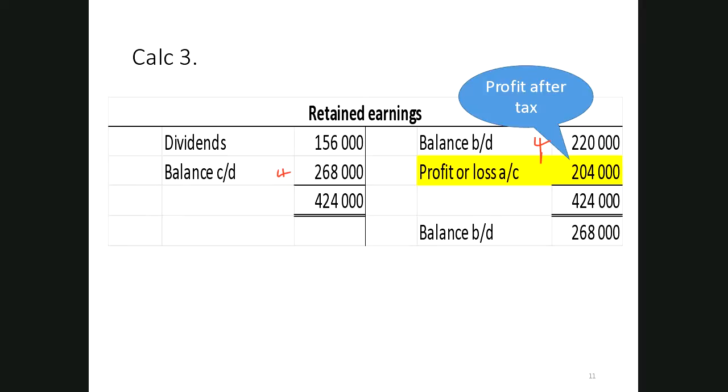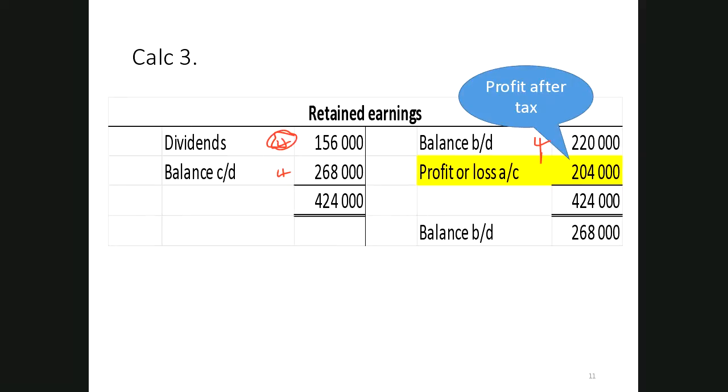The other thing that we do know is that there were dividends declared of 156,000. Declared means that's the dividend expense, if you like, for the year that the company has decided to award to the shareholders. So dividends are always going to reduce your retained earnings. It's like drawings. It's a reduction of the accumulated profits or the retained earnings of the company.